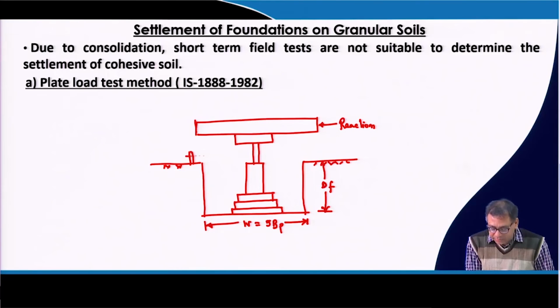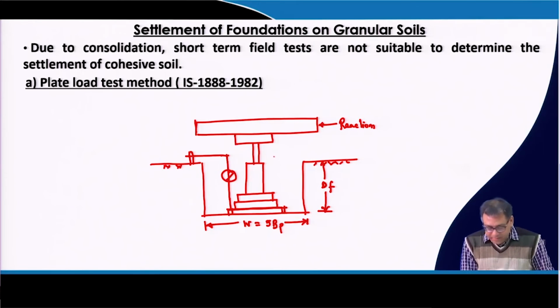Okay. So as I mentioned, we have to use the dial gauge to measure the settlement of the plate. And this is the pressure gauge, which will give us the pressure reading, and this is the dial gauge, which will give us the settlement reading.